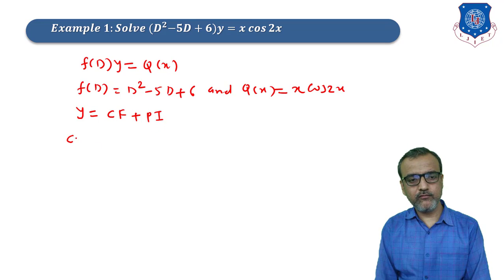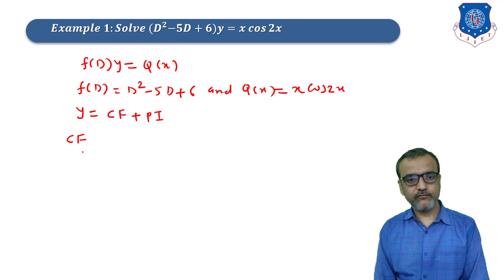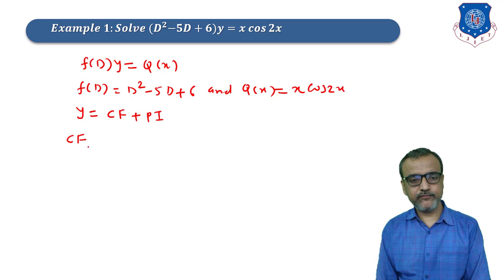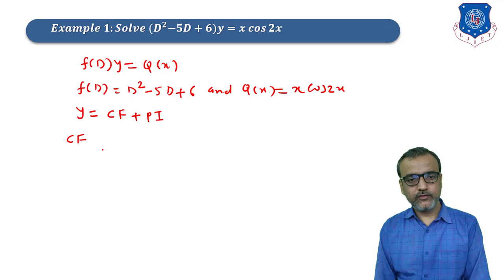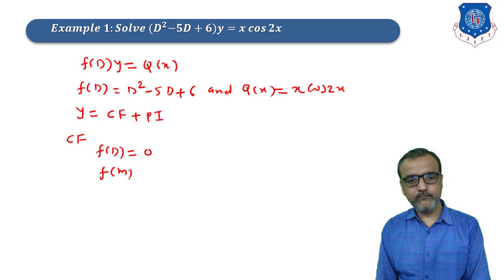So first of all we will find out CF. For CF, we will write down f of D equals 0. We will replace D by m. So we have f of m equals 0. Now to evaluate f of m, in f of D equals D square minus 5D plus 6, we will replace D by m.